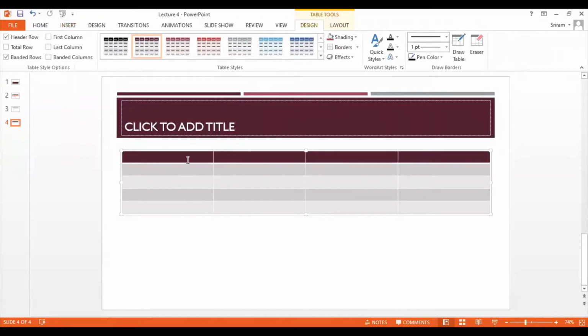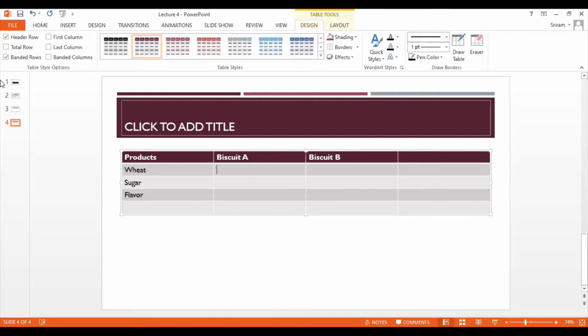I have product, biscuit A and biscuit B. Then they have given three things: we need wheat, sugar, and flavor.